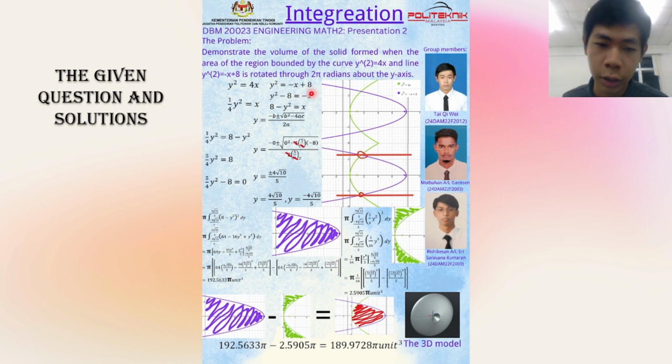Actually this is negative 1 times x, so we move it across the equal sign and directly switch the two.